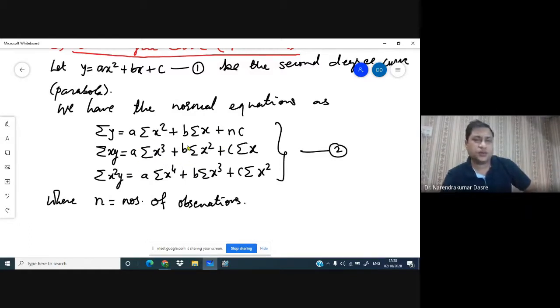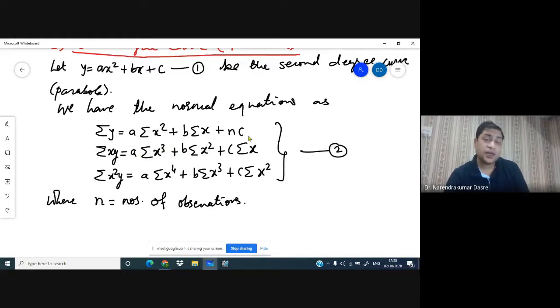Once we know x and y, we are able to calculate x square, x cube, x raised to 4, xy, and x square y. Once we know all these summations, we can put the values here and find the solution of these three simultaneous equations in three unknowns.